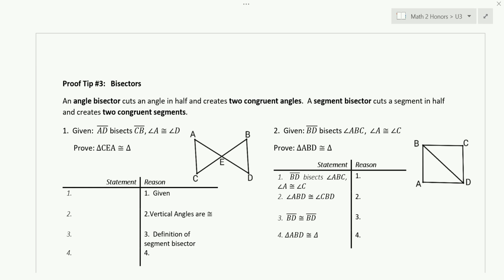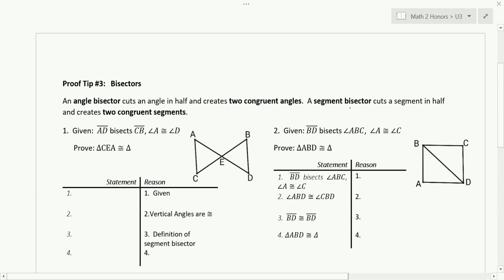So if we're bisecting an angle, then we're going to get two congruent angles. That's important. If we bisect a segment, then we're going to get two congruent segments. Make sure you don't mix those up. If you have an angle bisector, you don't want to say a segment is congruent to a segment. You want to say an angle is congruent to an angle, right?